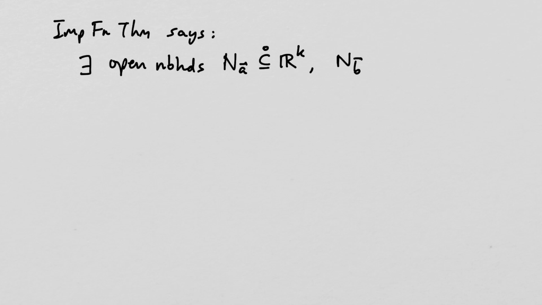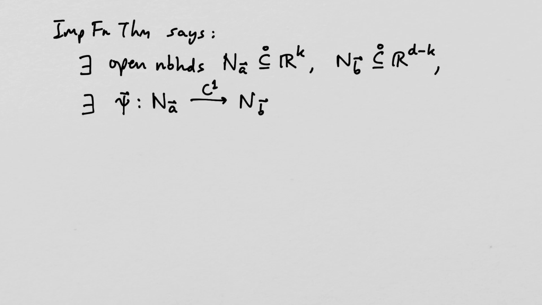Then there'll also be a neighborhood N sub B, which contains the point B, and is an open set in d minus k space. And there's going to exist a function, psi, which is the implicit function, which is going to map one of those neighborhoods into the other in a C1 fashion. Remember, the fact that the implicit function is C1 is all part of the conclusion of the implicit function theorem.